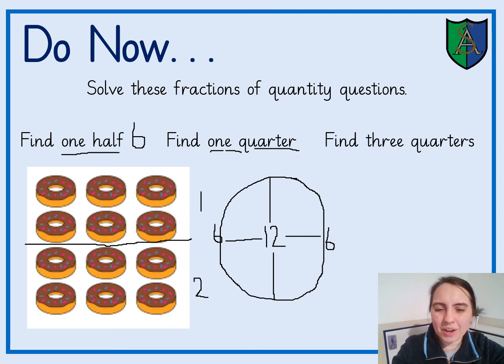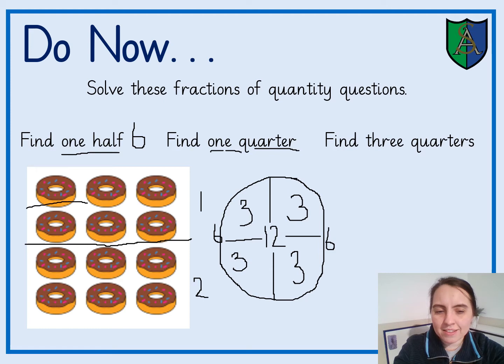So I'm now going to write it in my little circle. There's a 3 there, a 3 there, a 3 here, and a 3 there. I could also have split my picture into 4 equal groups, into quarters.